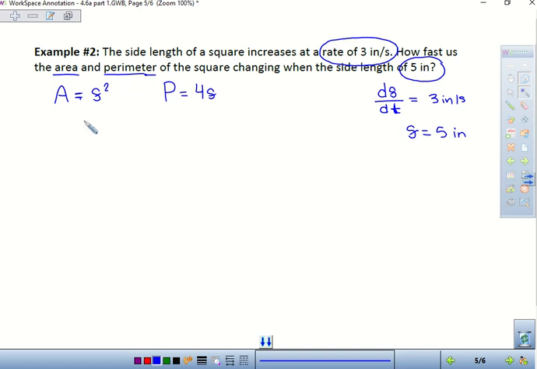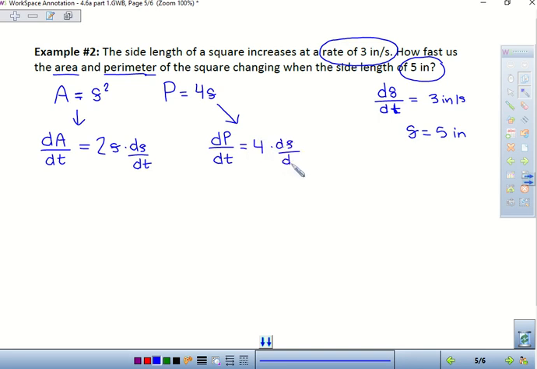What's the derivative of this going to be? dA over dt equals 2s times ds over dt. Good. And what about this one? dP over dt equals 4 times ds over dt.